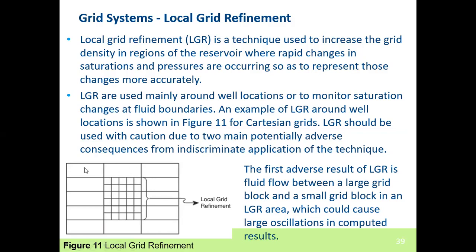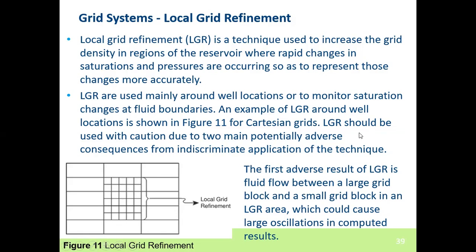So this is the regular grid size, and then here is further refined. So within one grid block, you're having a 5x2 grid. So it's refined further, and then here your saturation changes and pressure changes are captured with more clarity as compared to in these larger blocks.